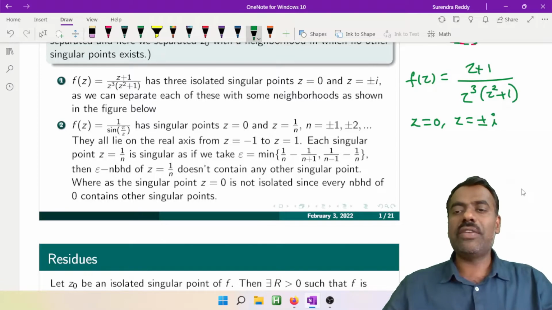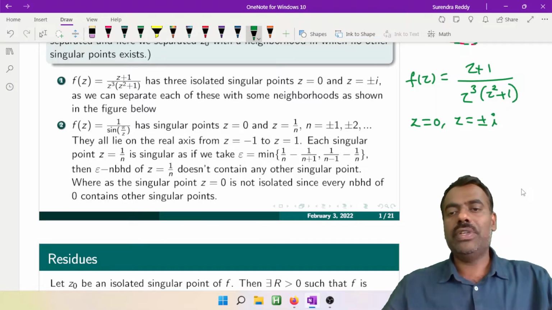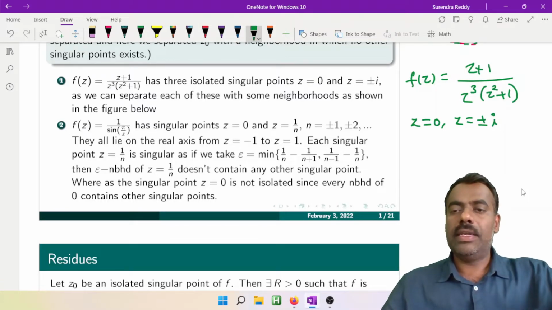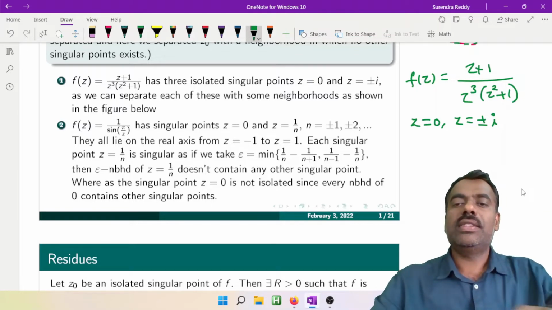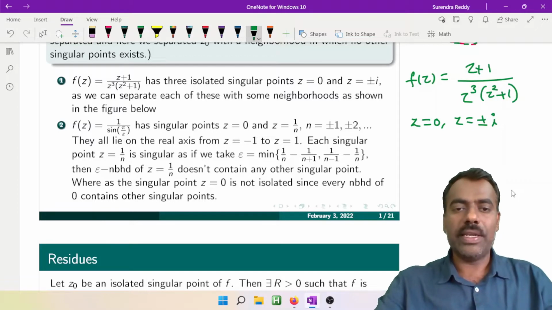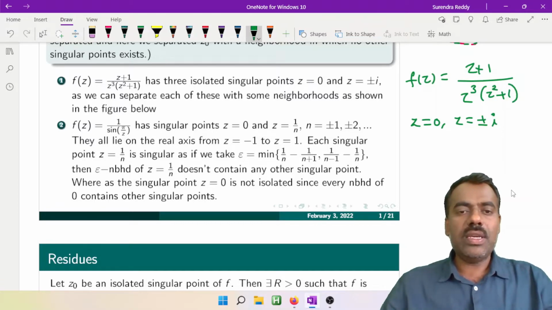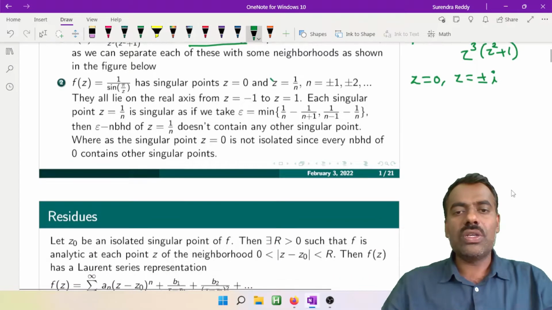At these points f is not analytic, but if you take any neighborhood of 0, i or minus i, we can find a neighborhood where these singular points can be separated. That means these 3 points are isolated singular points.